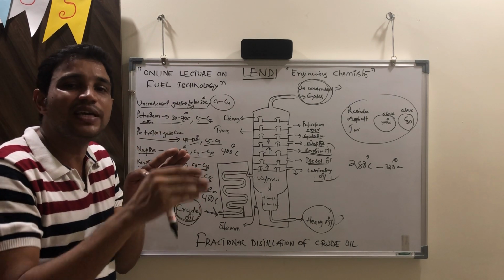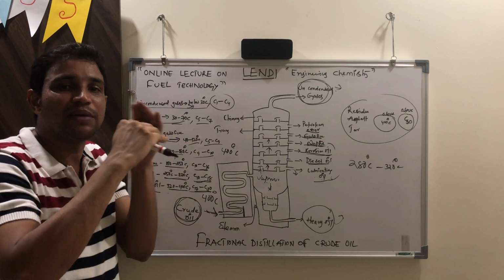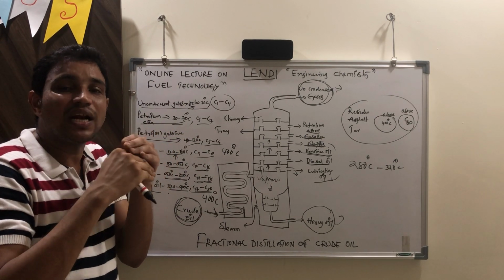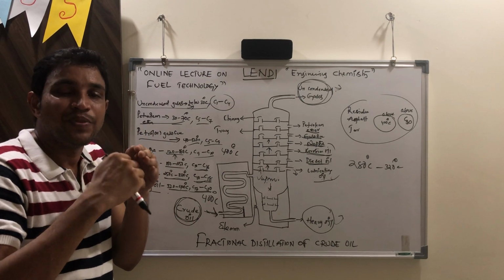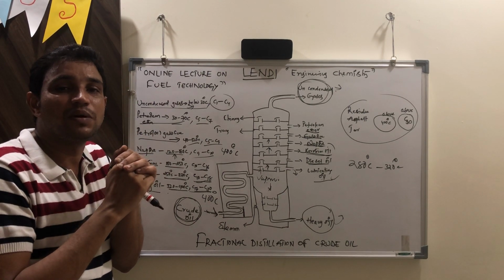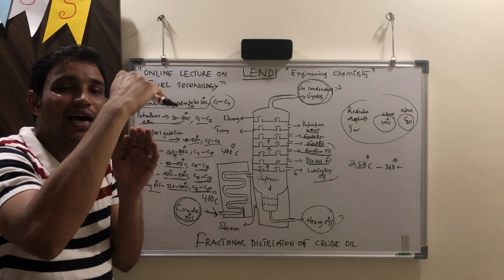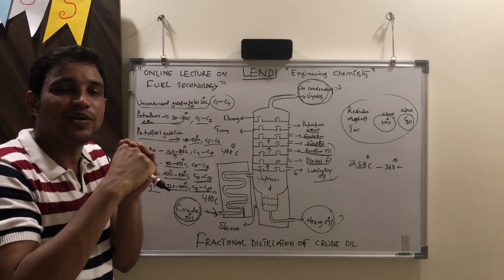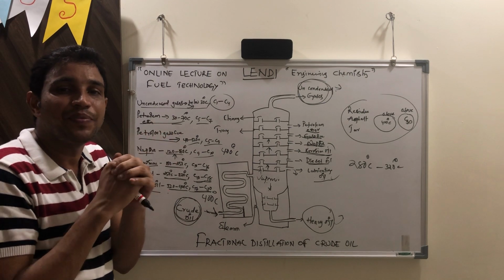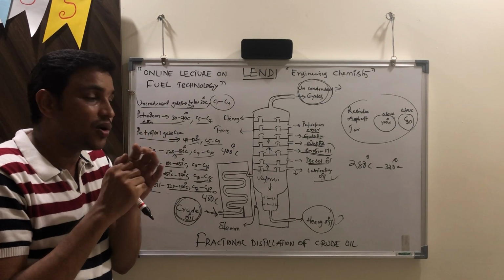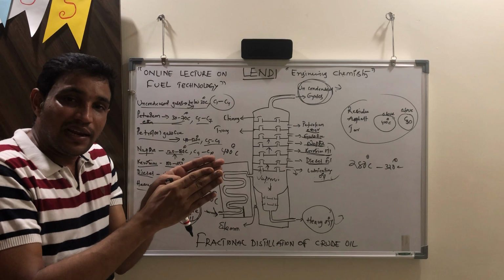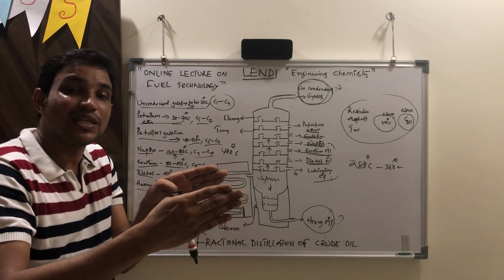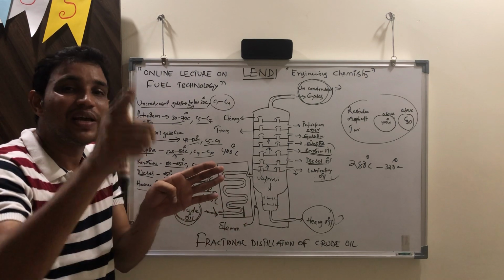When they are moving in the fractional distillation column, step by step, they do some work. Due to the work done by the gaseous molecules, they lose some amount of energy in the form of heat. When the heat is reduced, some fractions become liquids. So crude oil can be converted into different fractions with respect to their boiling points.